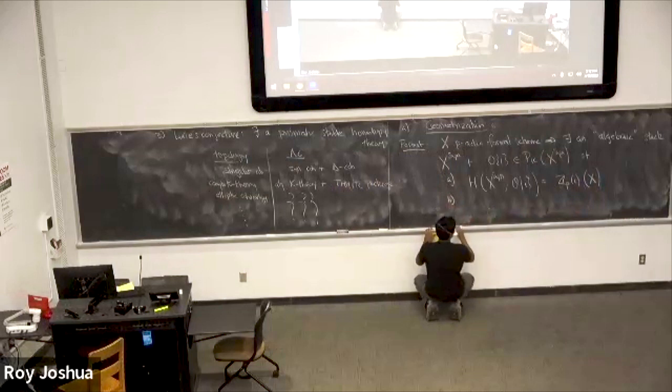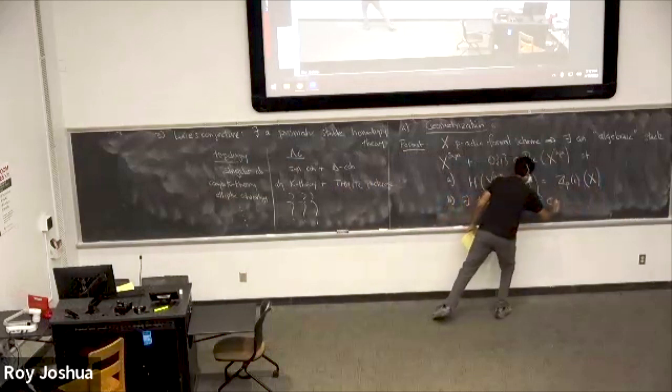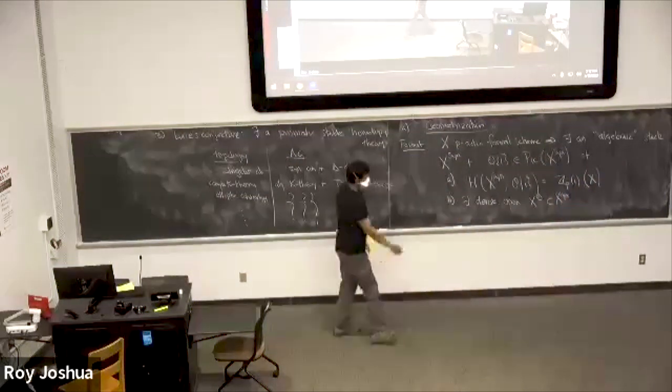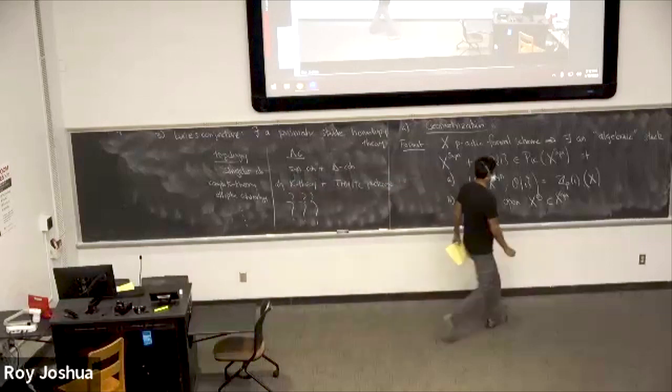And then the same thing is true for prismatic cohomology. So there is a dense open substack called the prismatization inside the syntomification, such that if you compute the cohomology on this open substack, you get prismatic cohomology.